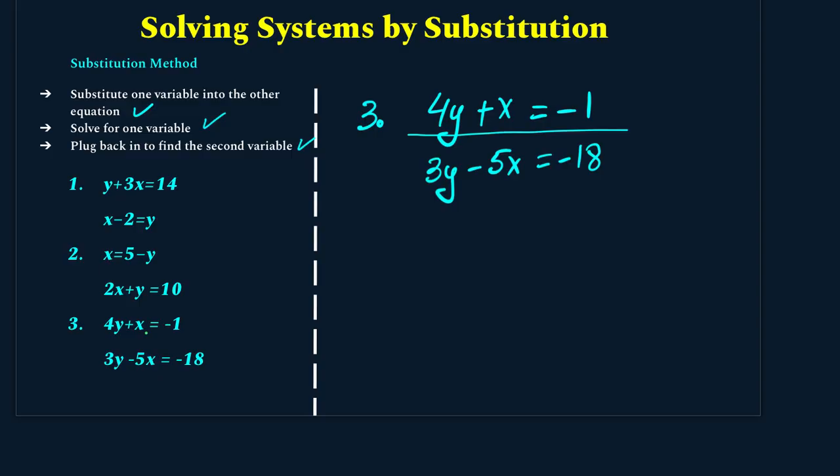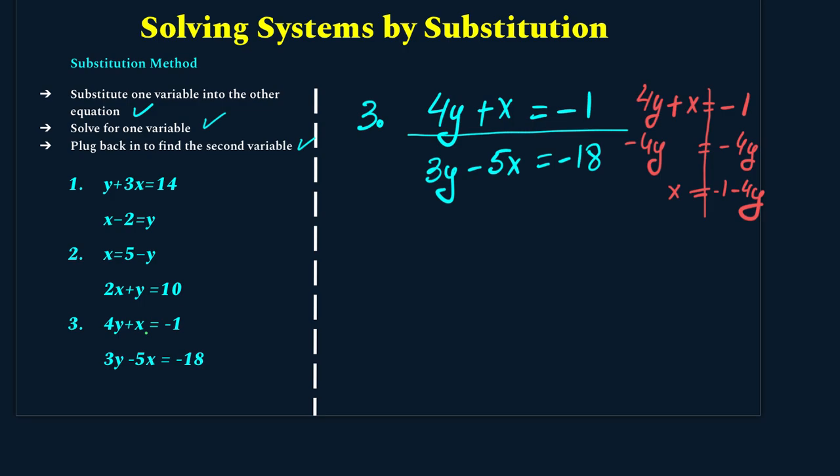Let's rewrite that here: 4y plus x equals negative 1. So I want to solve for x. That means I'm going to subtract, make it alone, isolated. So subtract 4y from both sides and then rewrite everything else. So x will equal negative 1 minus 4y.